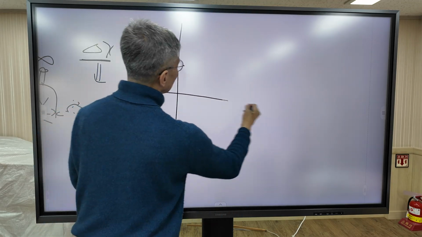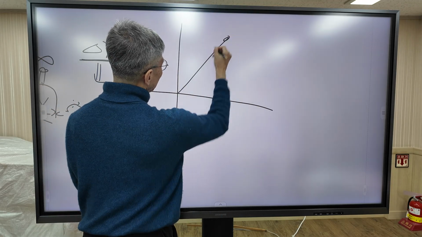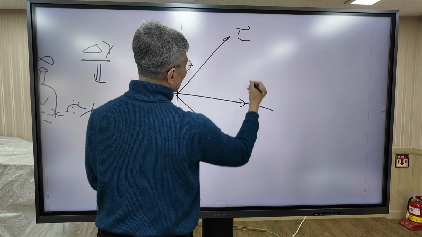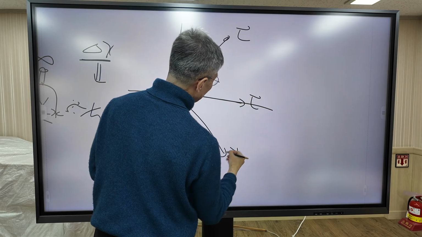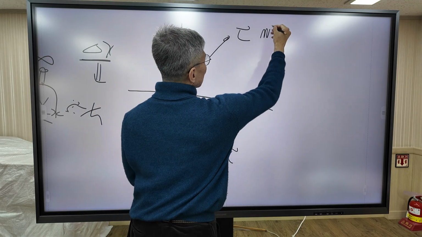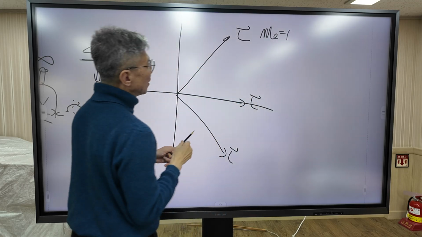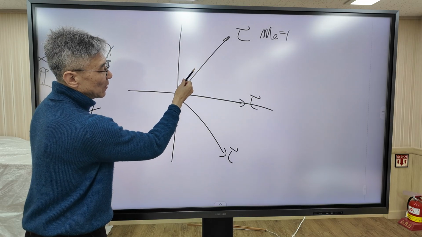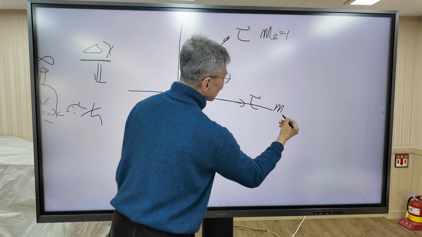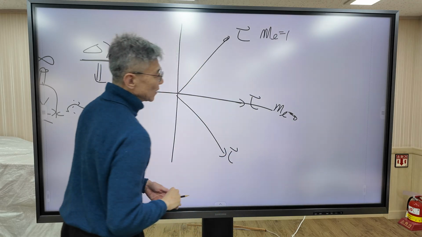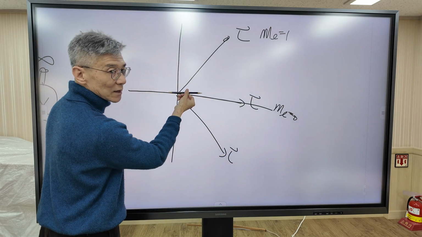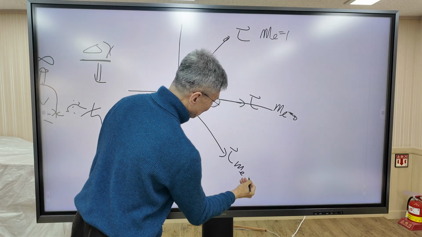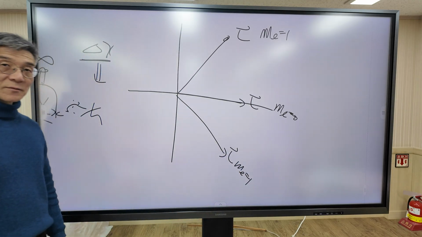So for ml equal 1, we have this angular momentum vector. For the ml equal 1 state, the electron rotates about this axis. When the electron is in the m equal 0 state, it rotates around this axis, and for the m equal minus 1 state, around this axis. But the electron is a charged particle.